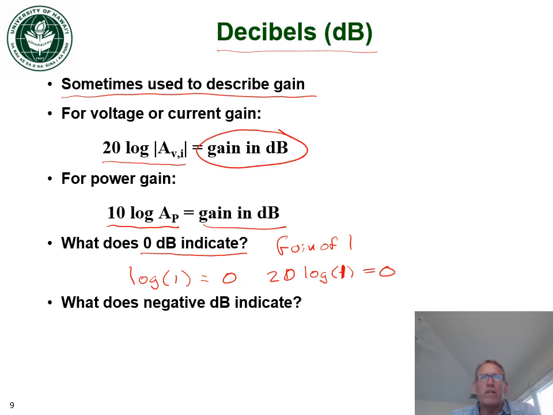Next question is, what does negative dB indicate? And this means a gain of less than 1.